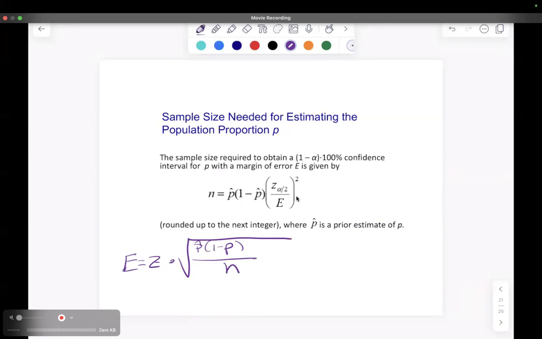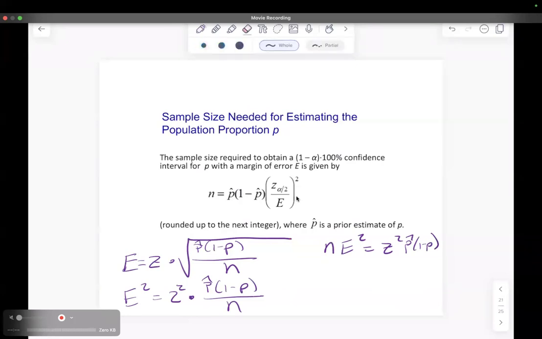That's the only math that was done here. I square everything. Now I have E squared equals z squared times p times 1 minus p over n. Multiply both sides by n. Now I have n E squared equals z squared. And then now what I can do is divide by the E squared.